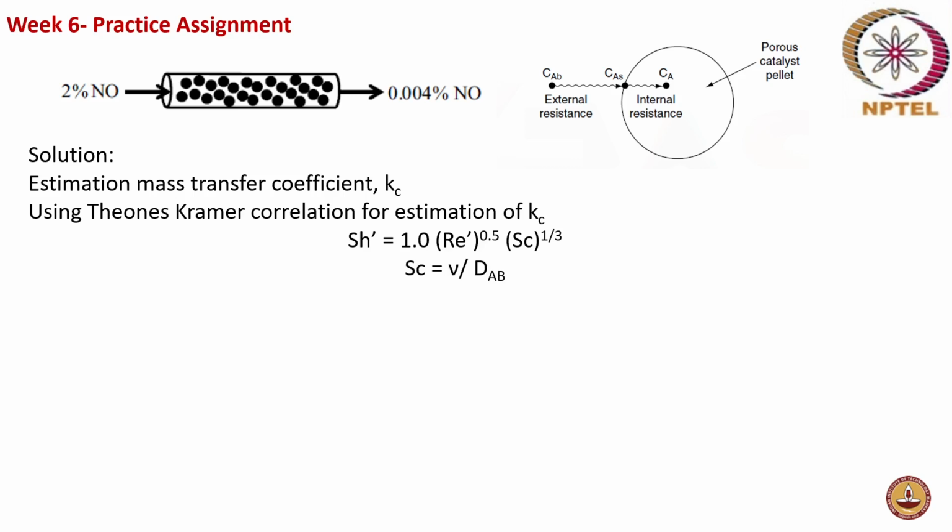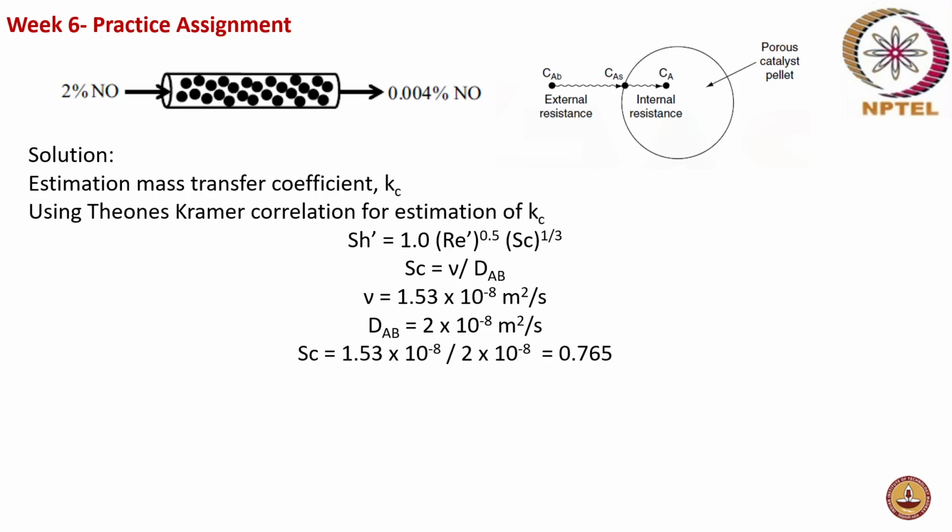So the Schmidt number is given by nu by DAB, which is nothing but momentum diffusivity to mass diffusivity, or the ratio of kinematic viscosity to mass diffusivity. So it's nu by DAB. Nu is given as 1.53 into 10 power minus 8 meter square per second, the fluid parameter, and DAB, the gas diffusivity, is given as 2 into 10 power minus 8 meter square per second.